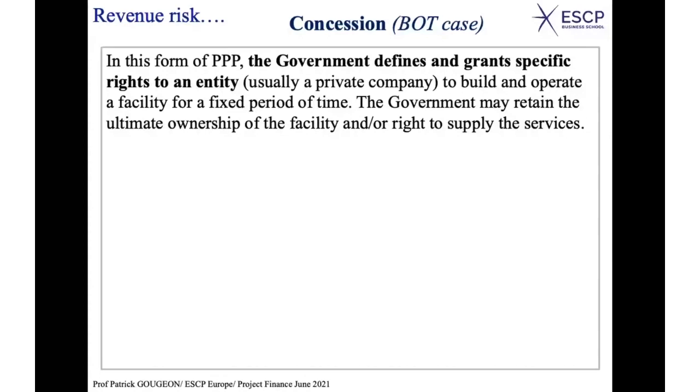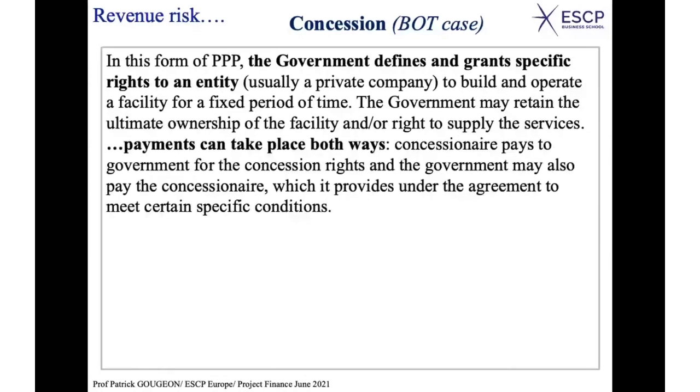So now what about the payments? The concessionaire pays to the government for the concession right, and the government may also pay the concessionaire, which it provides under the agreement to meet certain specific conditions.